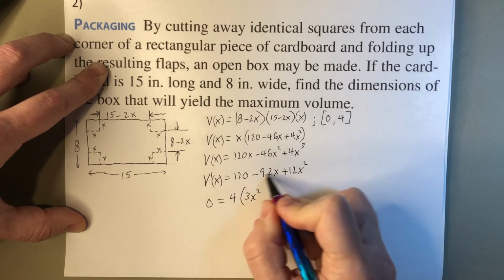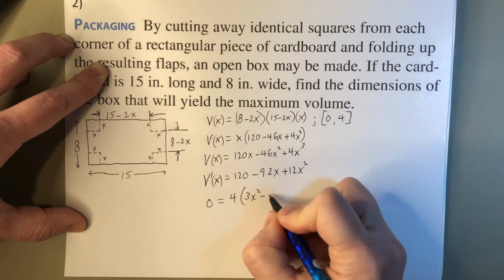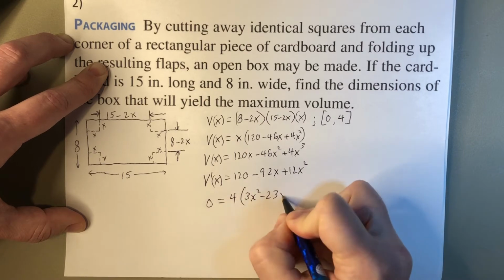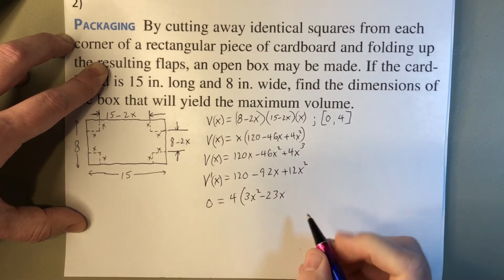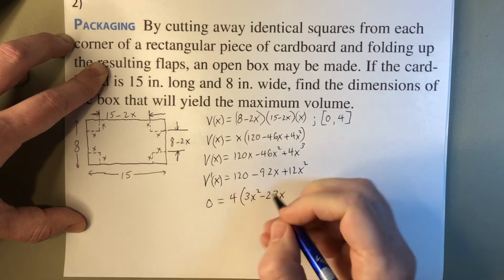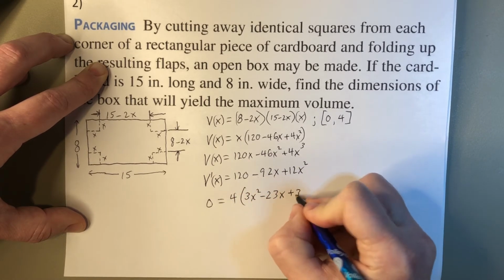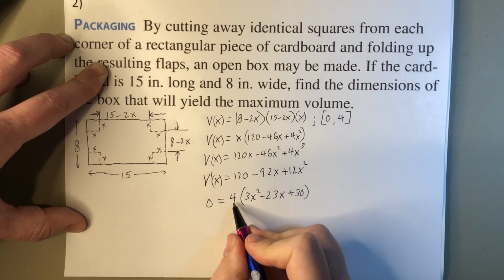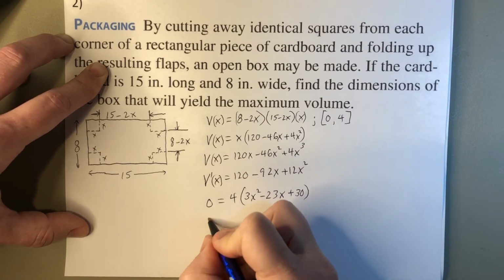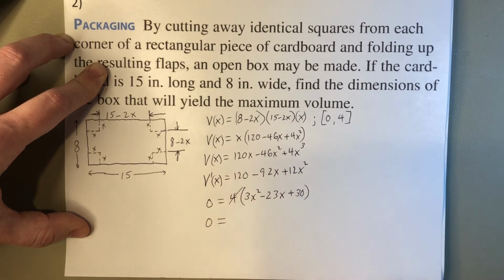And then 4 times what? Negative 23x. 4 times negative 23x would give me negative 92x. And then 4 times what would give me 120? 4 times 30 would give me 120. All right, you're going to divide both sides by 4, which means the 4 gets canceled out.